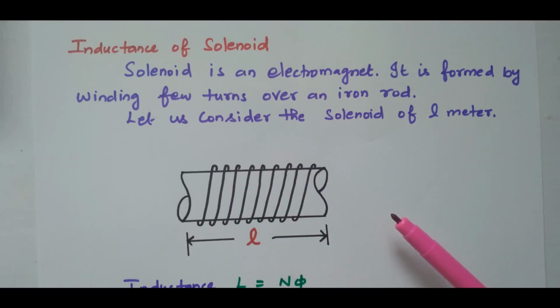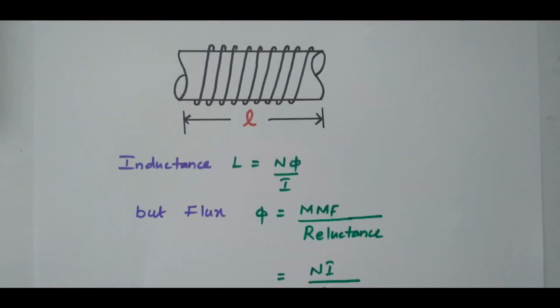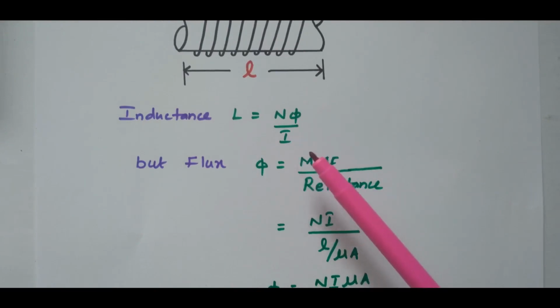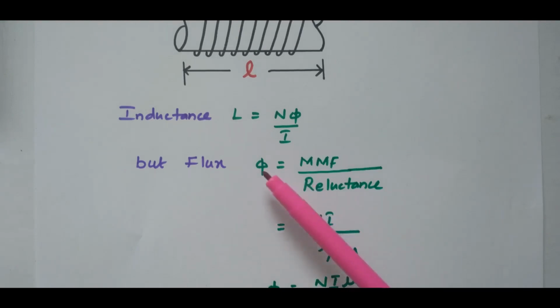Now we are going to identify the expression for inductance of this solenoid. Consider the solenoid with length L meters. In general, the inductance L is given by L equal to N phi by I. The general formula for inductance is N phi by I. But the flux phi can be written as mmf divided by reluctance. Actually, reluctance equal to mmf divided by flux.